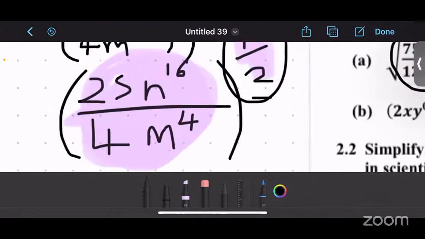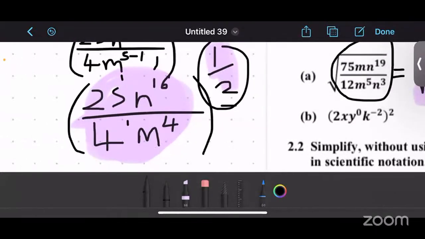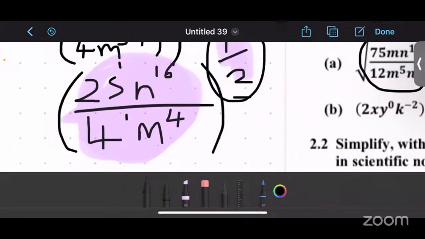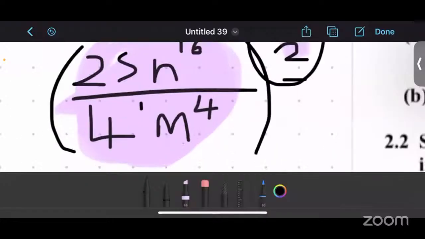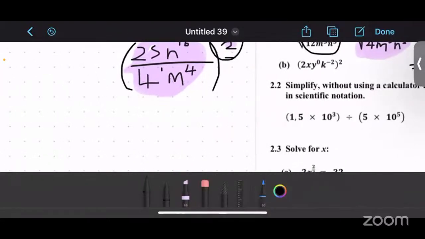So remember, we have an invisible 1 here, and an invisible 1 here, because they don't have anything. When we have just a variable or just a number, we know it has an invisible power of 1. So if you're looking at the 25, we're going to have 25 to the power of 1 multiplied by 1 over 2, because every exponent in the bracket is going to be multiplied by 1 over 2.